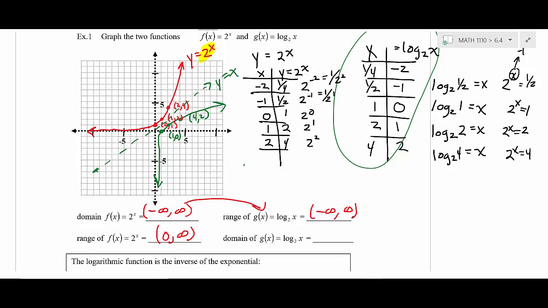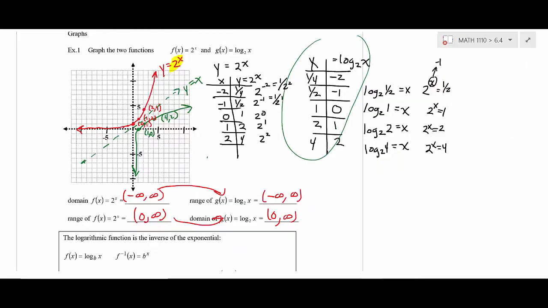So that means the domain is just going to be 0, infinity. Now look at the green graph. Does the green graph look like it starts at 0 and goes to infinity? Yeah, that matches up. So that domain is this. That range is all real numbers. That's something that we learned when we were talking about inverse functions. Since we're switching variables, the domain of the function turns into the range of the inverse, and so forth.